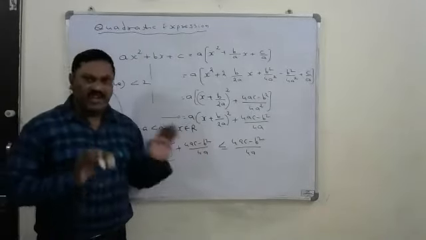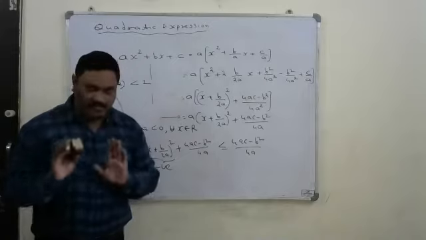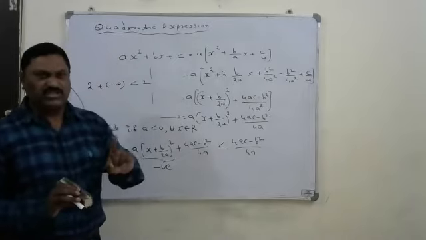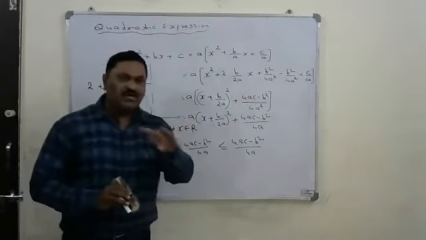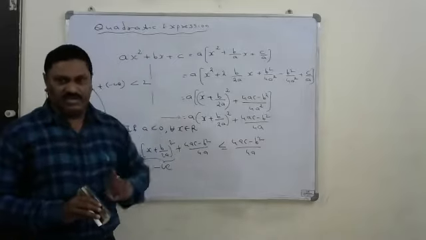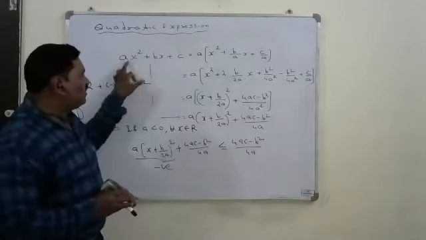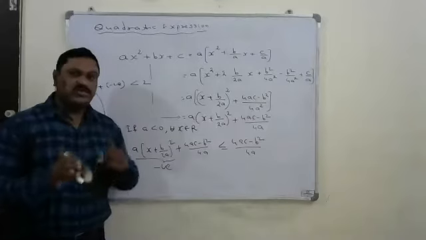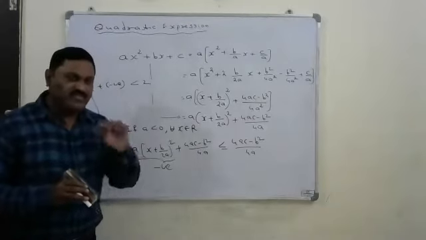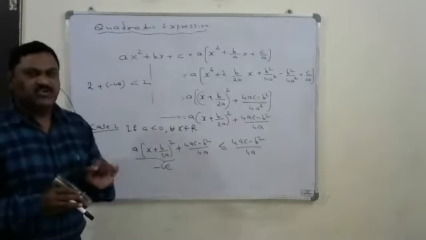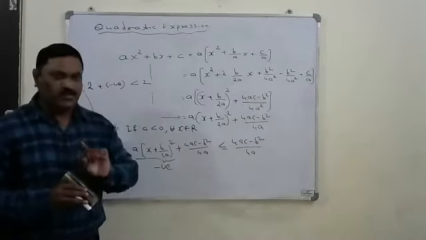So the maximum or minimum value is (4ac minus b square) by 4a only, but any expression gives either a maximum or a minimum, only one value. If the x square coefficient is positive, that expression will give the minimum. If the coefficient of x square is negative, that expression will give the maximum. That is the point you have to remember.